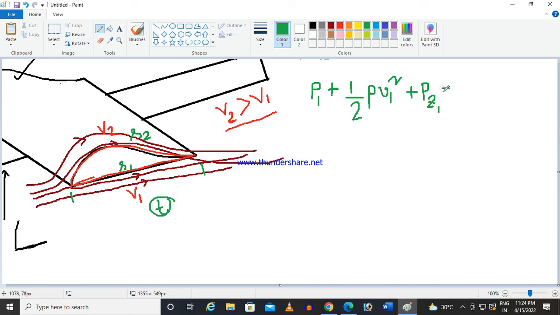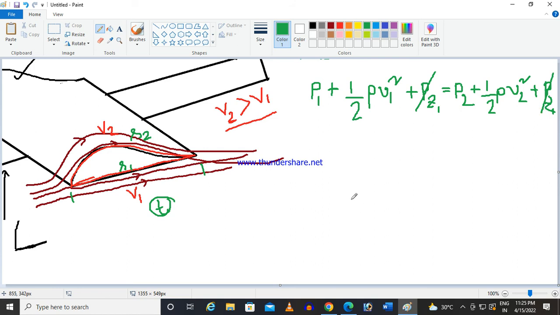So that is equal to P2 plus rho v2 square by 2 plus the pressure due to elevation head. This elevation is more or less the same, so we can cancel it.